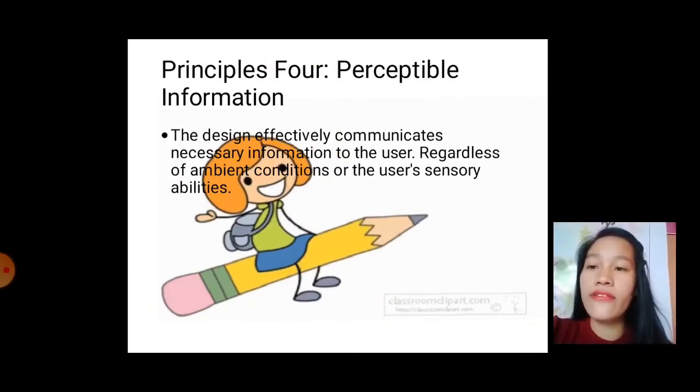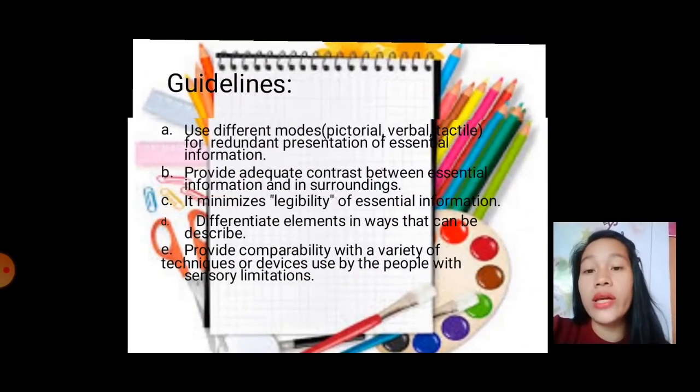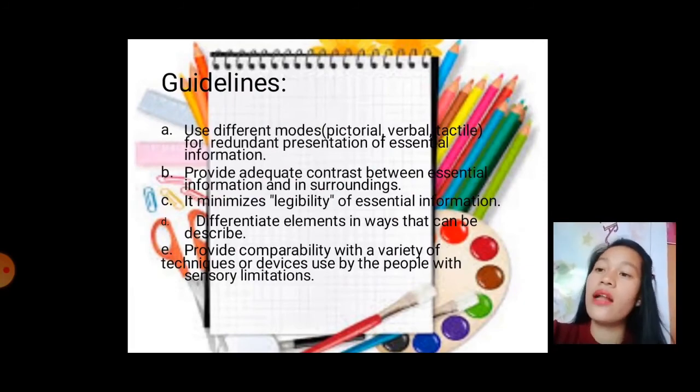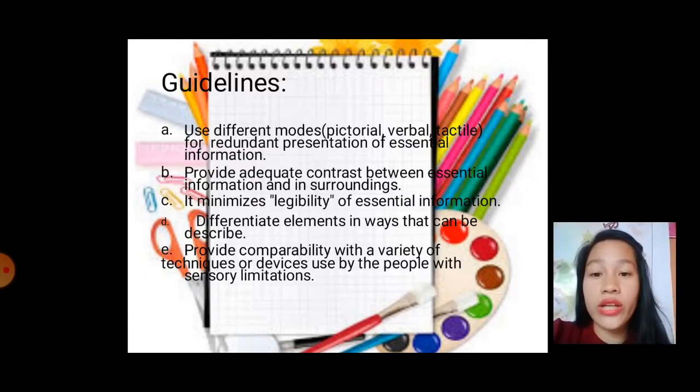So now let's move to principle 4, perceptible information. The design effectively communicates necessary information to all users, regardless of ambient conditions or the user's sensory abilities. So here are the guidelines that we need to follow. Letter A, use different modes like pictorial, verbal, or tactile for redundant presentation of essential information.